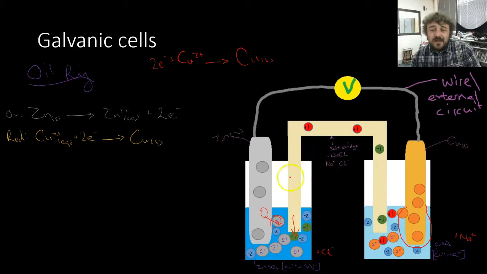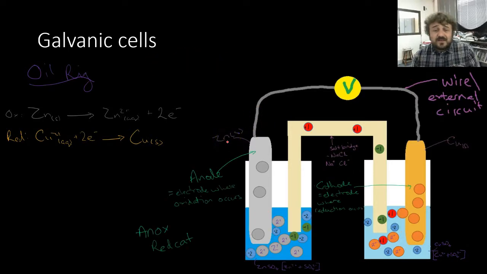So in our salt bridge, we have movement of ions, and in our external circuit, we have movement of electrons. You should make a note of that. One last thing, it's important to realize that this is called the anode, and the anode is the electrode where oxidation happens, which means it is also the anode that attracts anions.